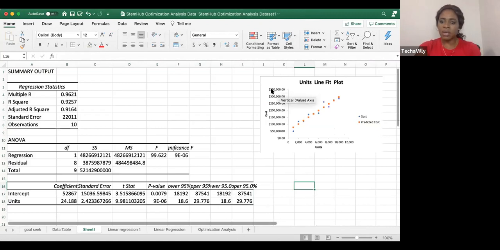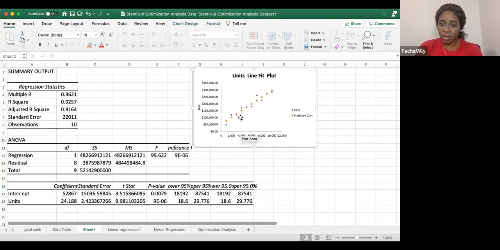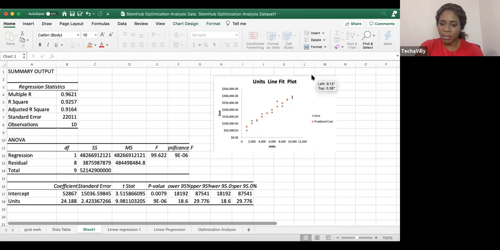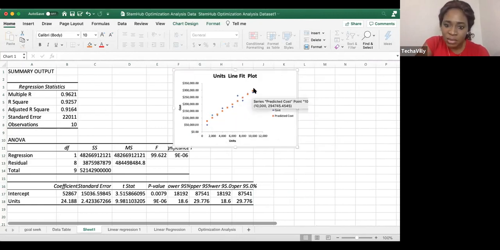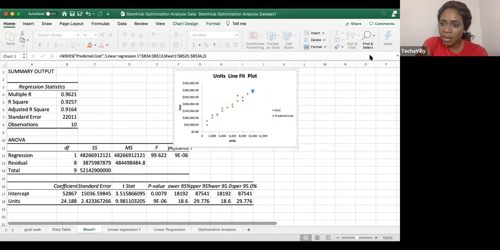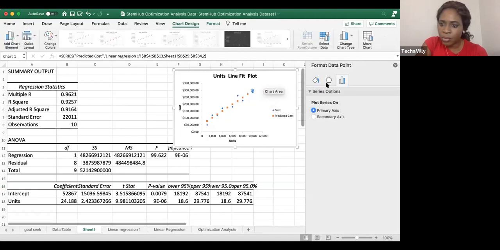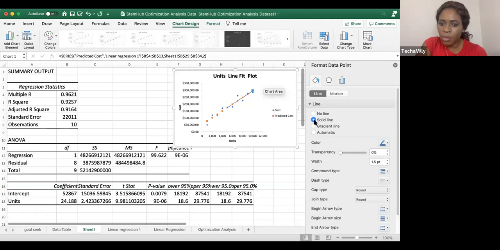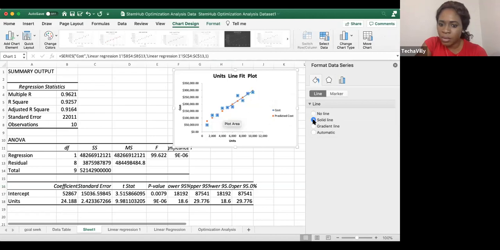So this is the line plot, and I'll come back to the line plot. You can see I mentioned that there's going to be a line. Let me put the line. I'm going to put solid line.